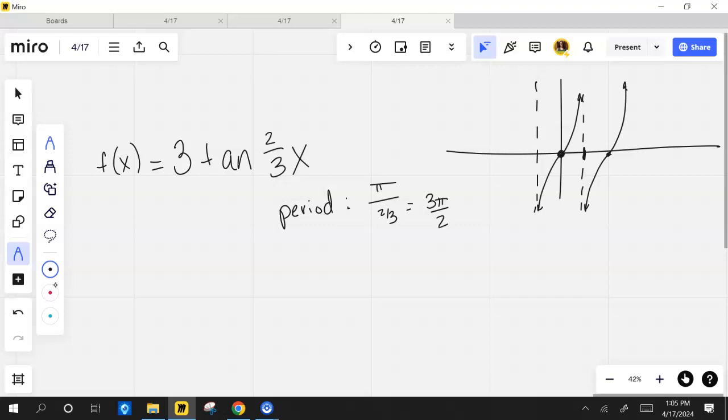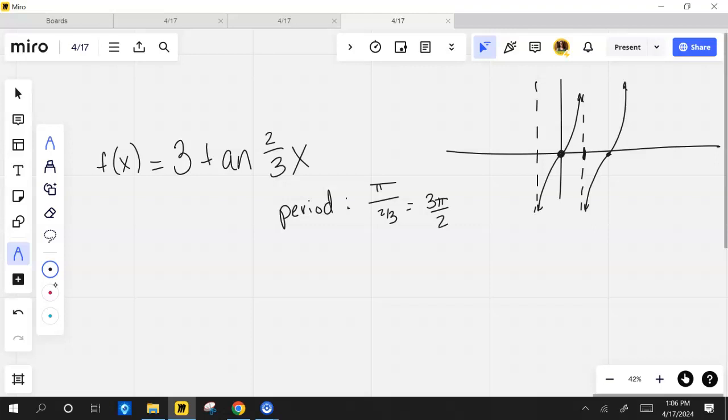So now if I make the period be 3 pi over 2, look, here's why this gets confusing. Even though the period is pi, the period is straddling the y-axis. So you've only got a half a period on either side. That's going to be the hard part of this.